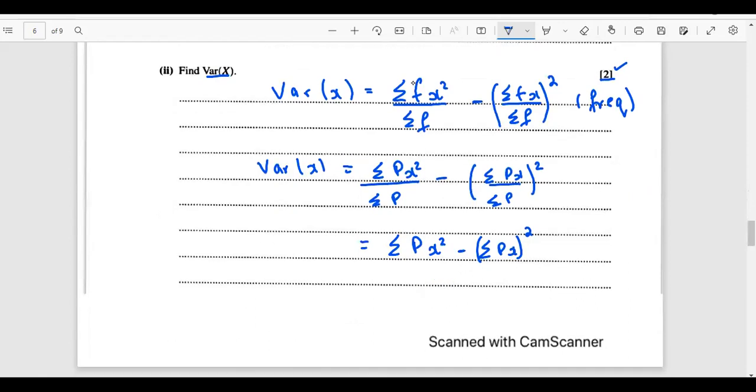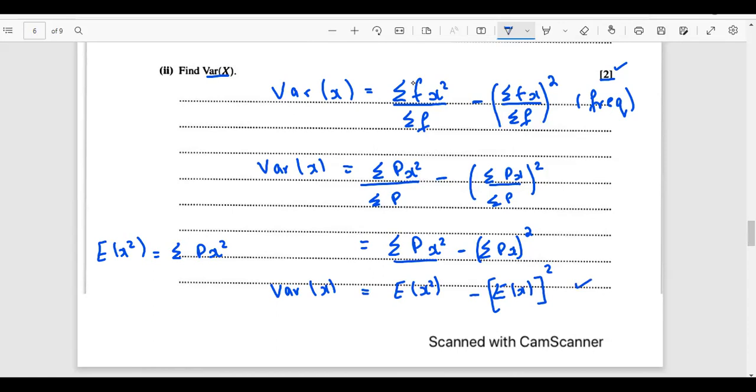And if you are interested in finding the expected value of x squared, you do summation probability into x squared. So this should be your formula in case of probability questions. I've shown you the derivation.